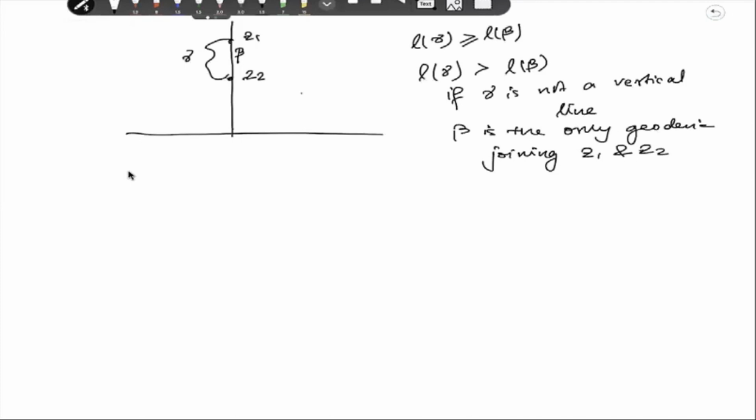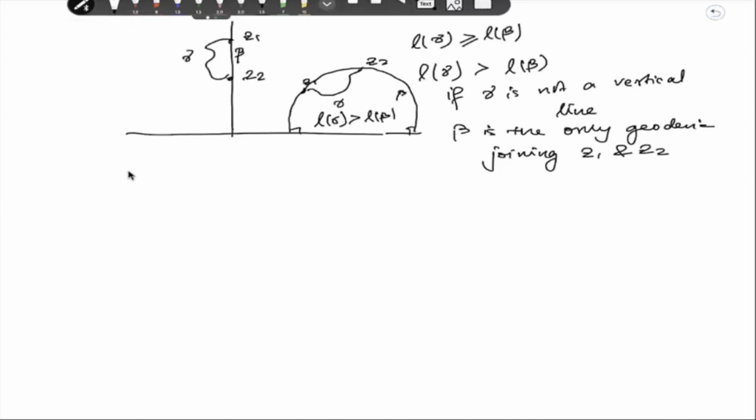And now suppose Z1 and Z2 do not lie on a vertical line. Then there exists a semicircle beta with center on the real axis. Again, using the same argument, you can prove that if I take any differentiable or piecewise differentiable path gamma joining Z1 and Z2, if the image of gamma does not lie on beta, then here also the length of gamma will be strictly greater than the length of beta.